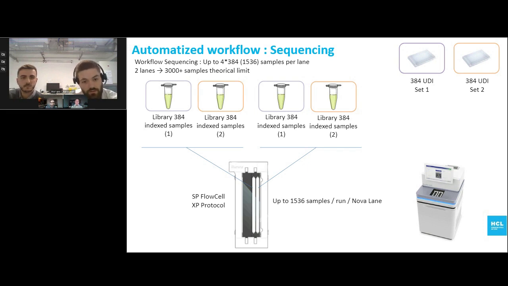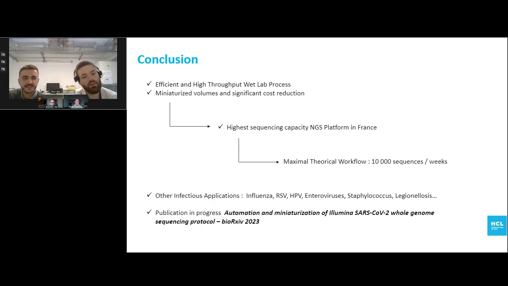And this is a process that we could really easily enhance a lot on the theoretical aspect. That's what Quentin said: we could theoretically do 10,000 sequences a week for now, by doing 3 times 1,500 libraries, and we can do that on both lanes of the NovaSeq, because the NovaSeq has two lanes, so you can launch sequencing experiments 2 times.